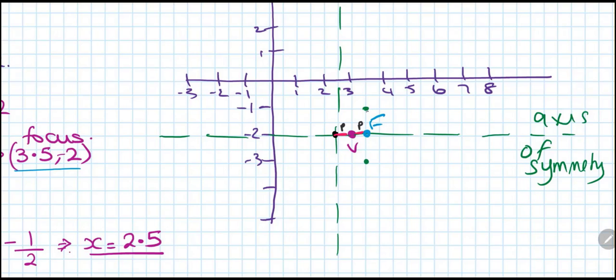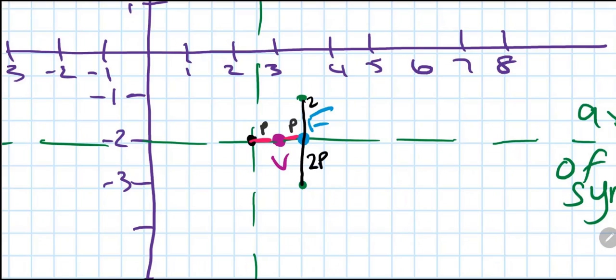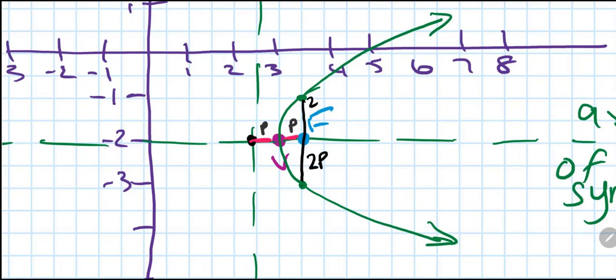So this is the length, and this is going to be the length of 2p and this is the length of 2p. So the total length is 4p. Okay, so if we draw through these points here, we know that our graph is going to look something like this.